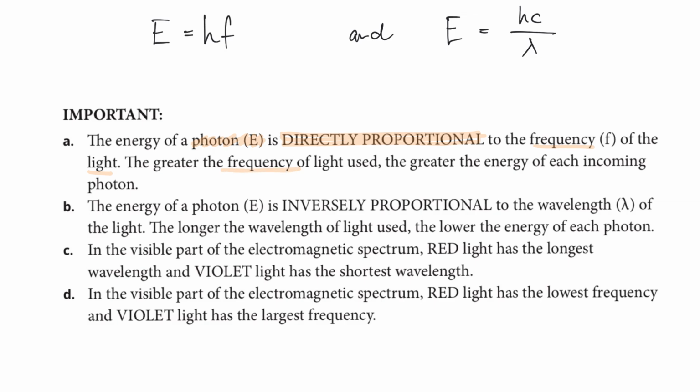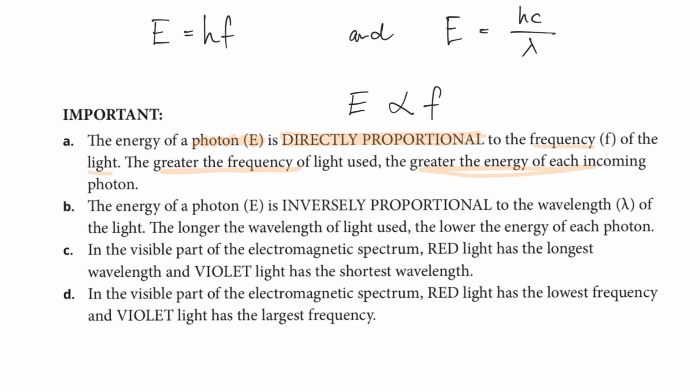The greater the frequency of the light, the greater the energy of the photon. So when we write that mathematically, I've got that energy of a photon is directly proportional to frequency.